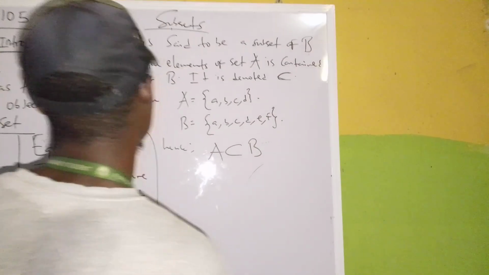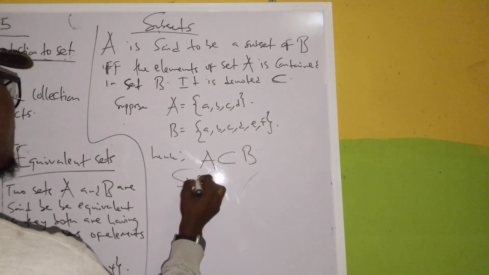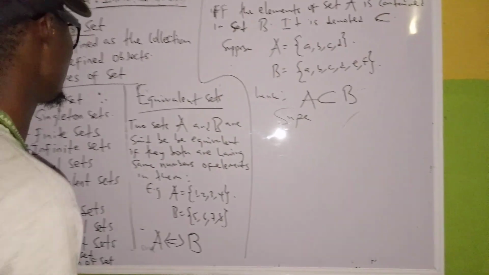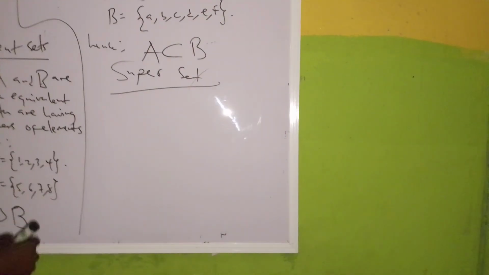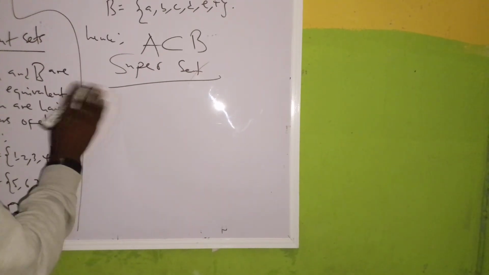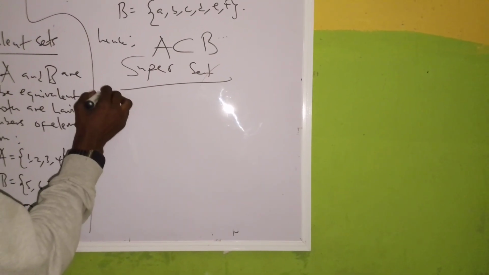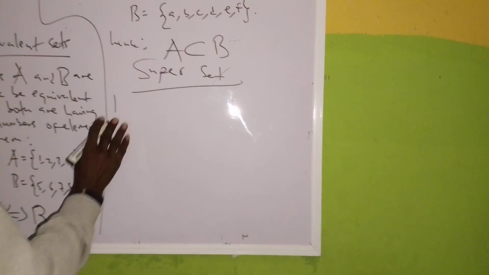Now we are going to do superset. Sorry, I didn't add superset in the types of set. Let me use another symbol this time around.